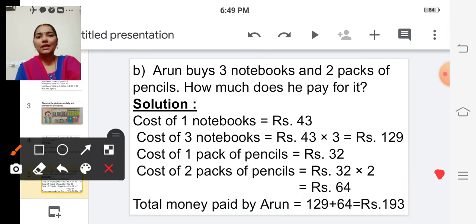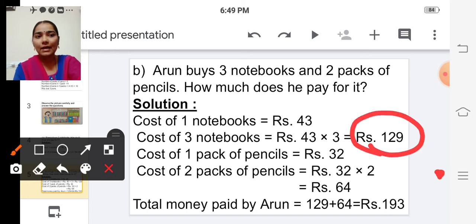So how much he pays in all? For that, we have to add the cost of 3 notebooks plus cost of 2 packs of pencils. So we are going to add this 129 plus 64.